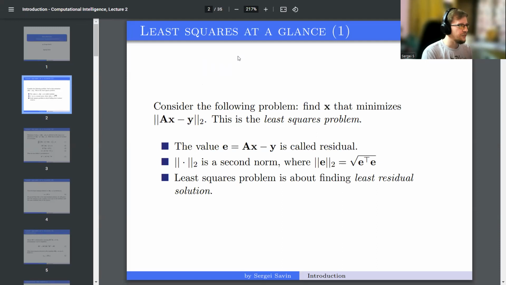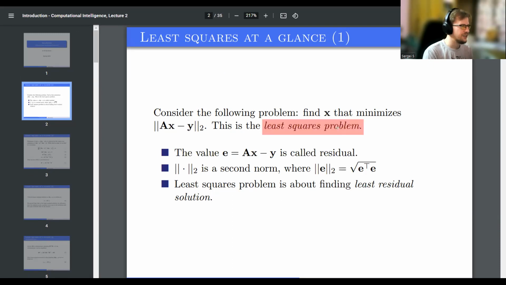So first we begin with a review of least squares. Least squares is a probably familiar concept, right? Least squares. What is it? Find x that minimizes these relations. So Ax minus y. Okay.